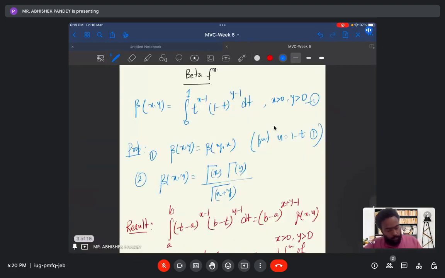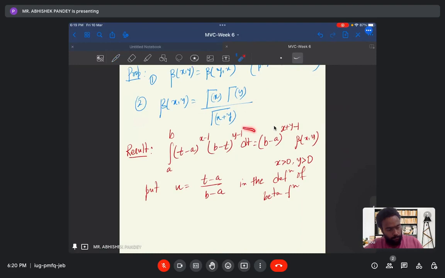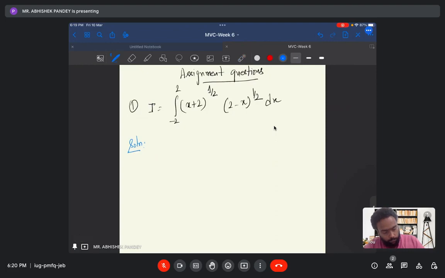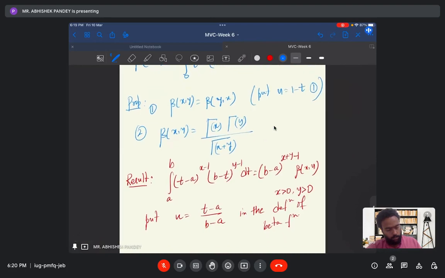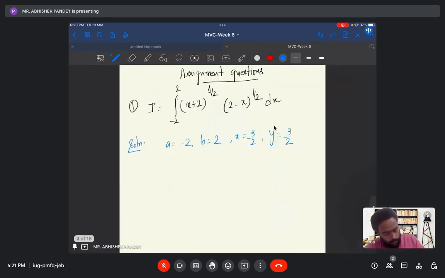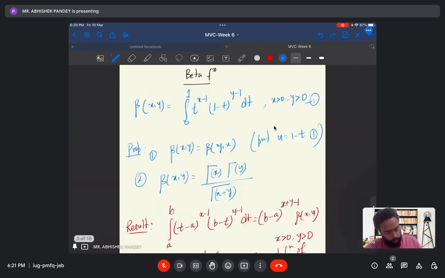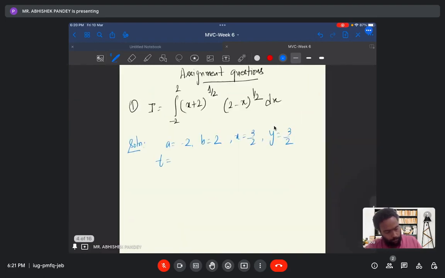If you compare this with the earlier result, here a is minus 2, b is 2, your x is 3 by 2 and your y is again 3 by 2, and t is basically x here.